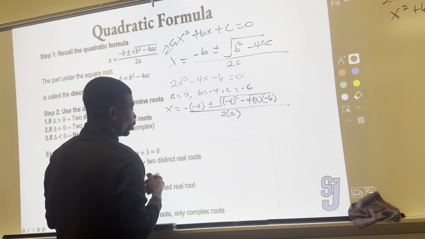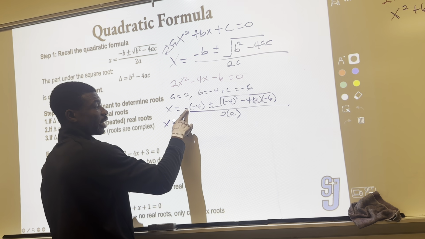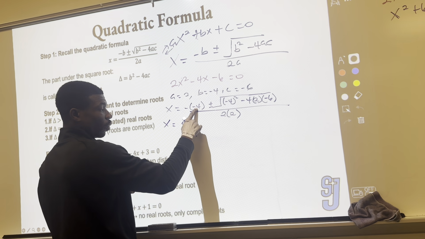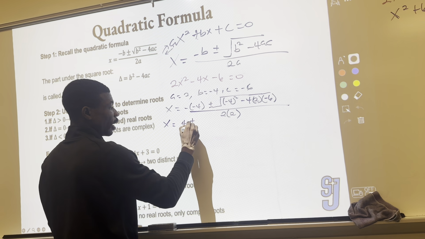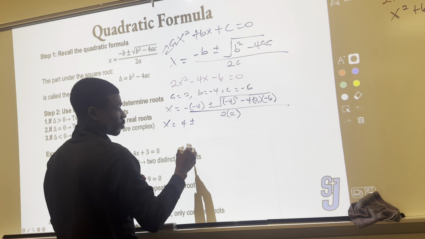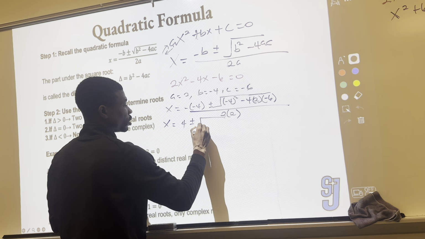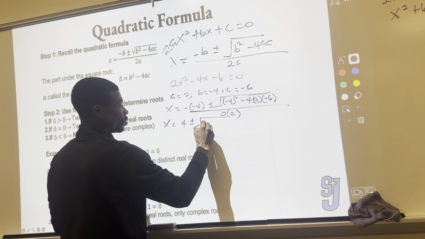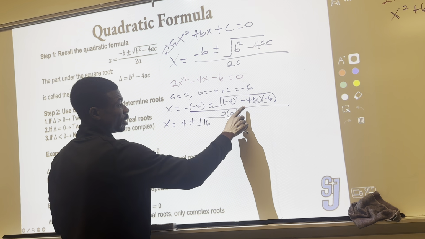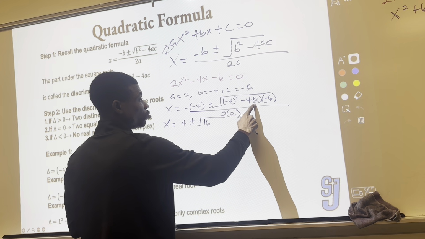So x equals 4, that's -1 times -4 gives you 4, plus or minus square root of 16, minus 4 times 2 times -6.